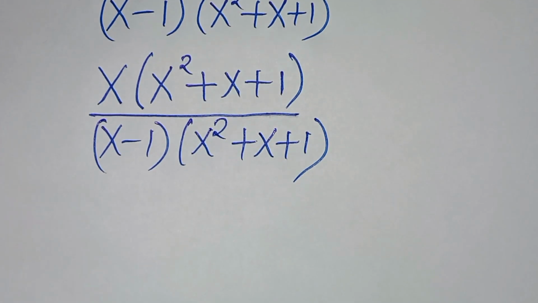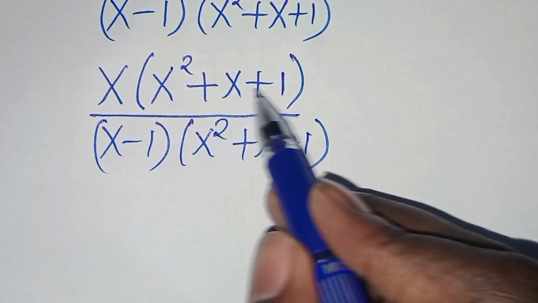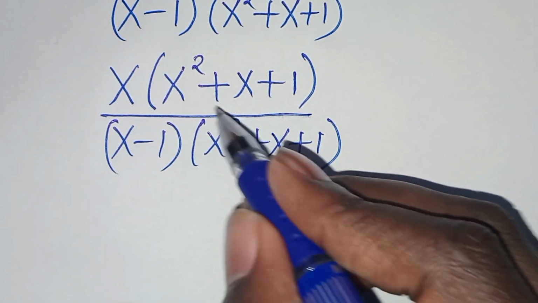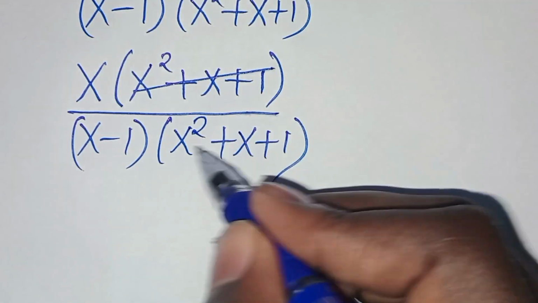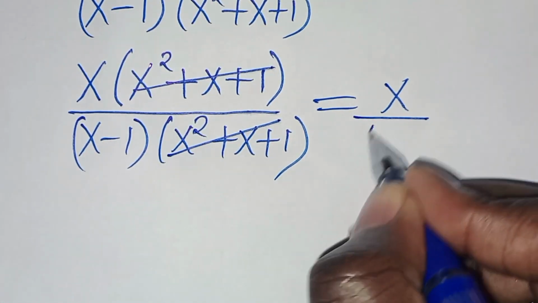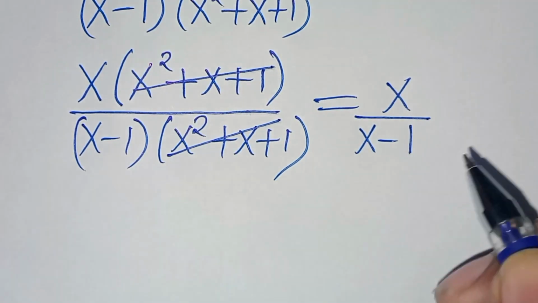So you can see clearly x squared plus x plus 1 in the numerator and in the denominator is common, so we can simplify here, and this is equal to x over x minus 1.